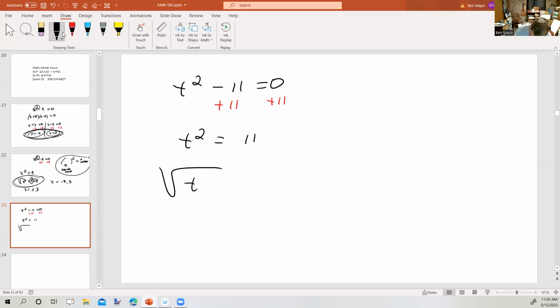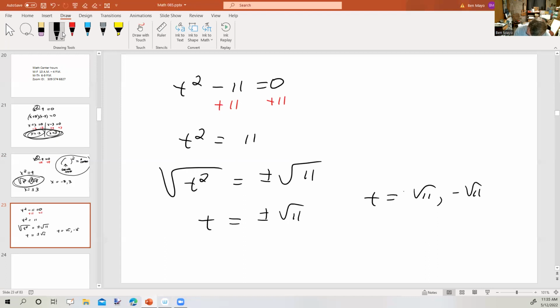We'll take the square root of both sides, applying the plus or minus to the right side. So we get t equals plus or minus the square root of 11. So t equals the square root of 11 or negative the square root of 11. I can put the plus sign in front of it, but it's not necessary. Having it blank is the same thing, right? Any questions about that example?